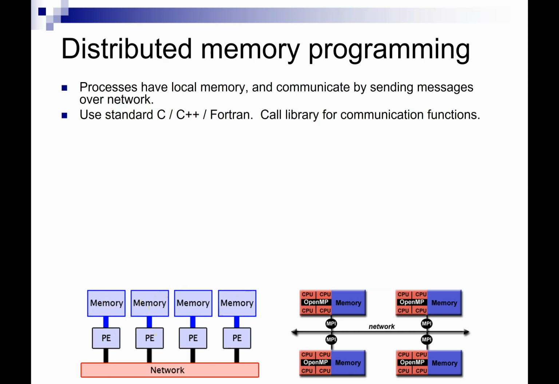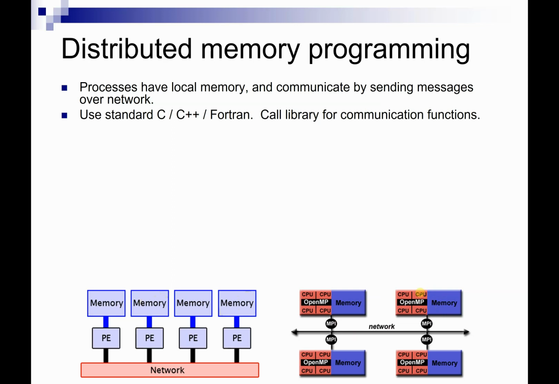I want to also look at the diagram on the right. So here, what we have is a combination of a distributed memory architecture and a shared memory architecture. We have these nodes, and each of these nodes has multiple CPUs in them. The node has a piece of memory, and all of the CPUs in a node can access any piece of memory from this chunk of memory. However, if a CPU from one node wants to access memory from a different node, then again, it needs to send a message over a network.